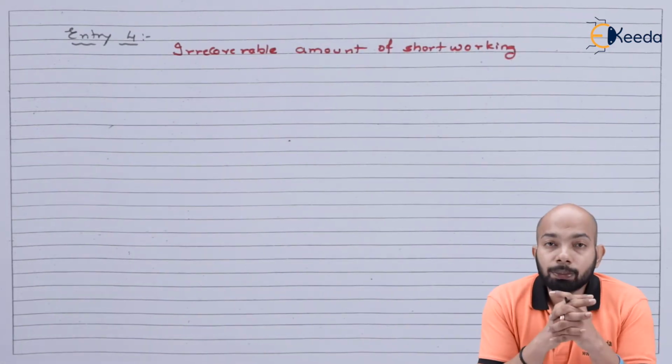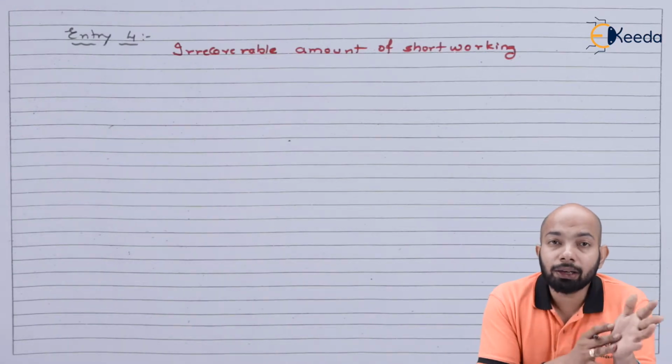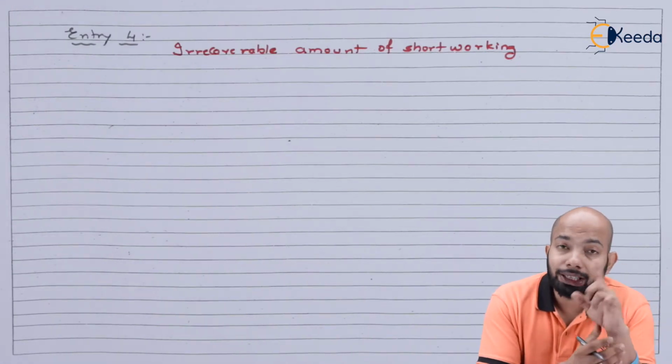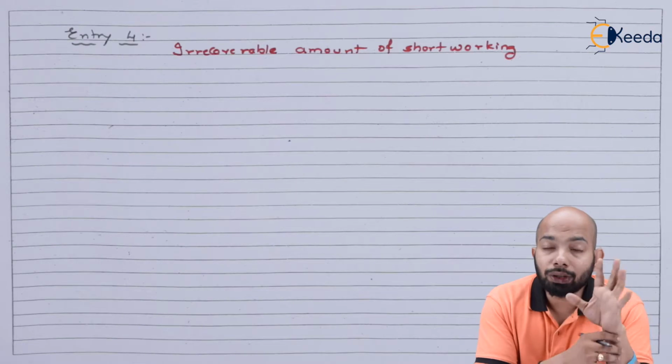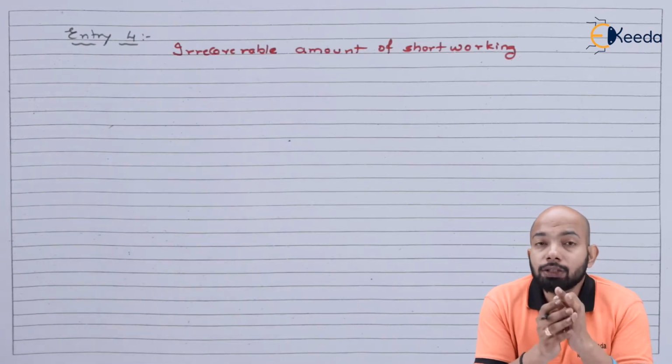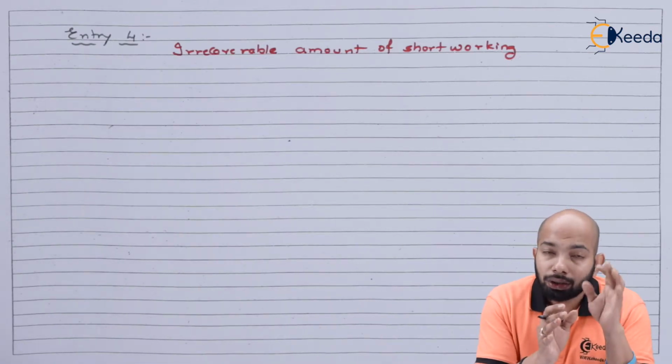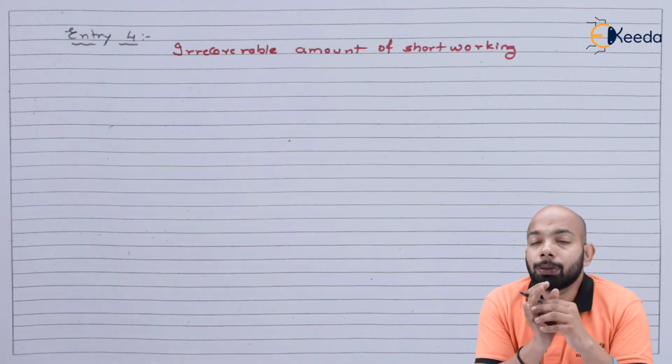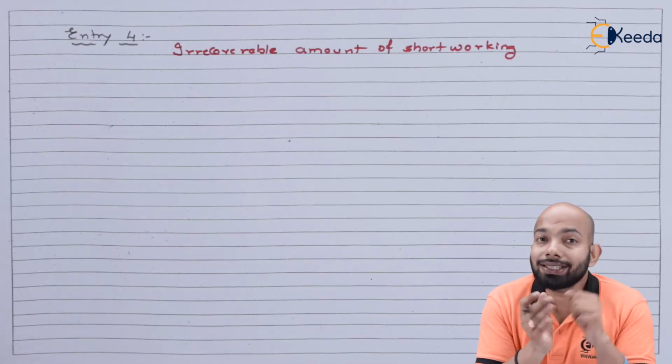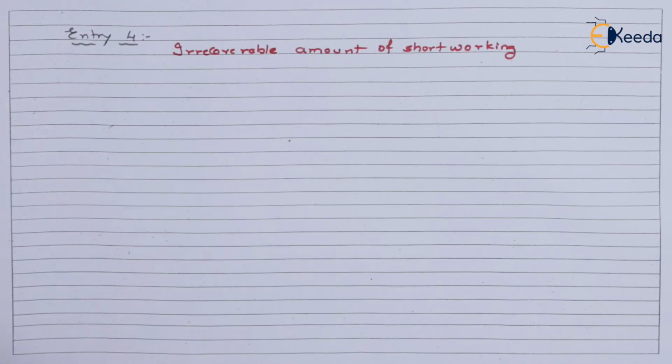Now the next entry that we're supposed to pass is the irrecoverable amount of short working. That refers to the lessee account where this much amount got lapsed. So a similar entry will be passed here as well. Let's figure out what entry is supposed to be passed.